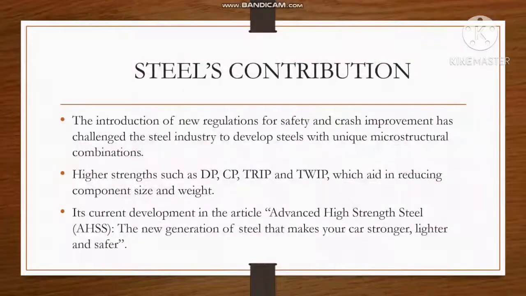These DP, CP, TRIP, and TWIP steels are advanced high strength steel, or AHSS, the new generation of steel that makes your car stronger, lighter, and safer.